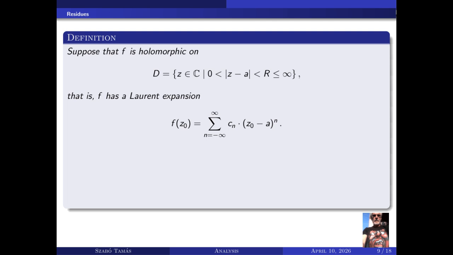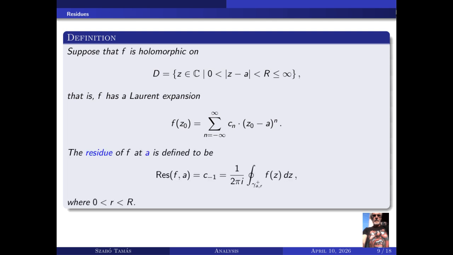The residue of f at a is defined to be Res(f, a) = c_{−1}, which also equals 1/(2πi) times the contour integral over γ_{a,r}^+ of f(z) dz, where 0 < r < R.